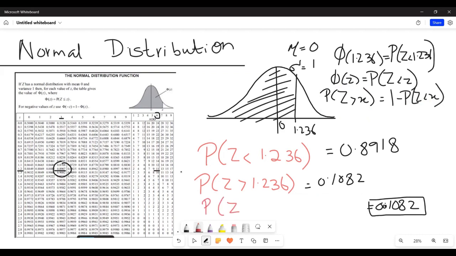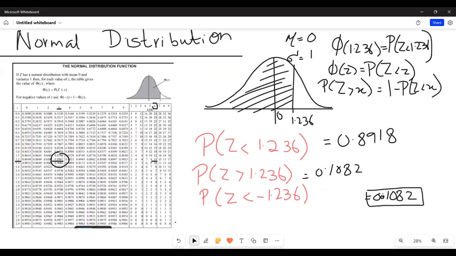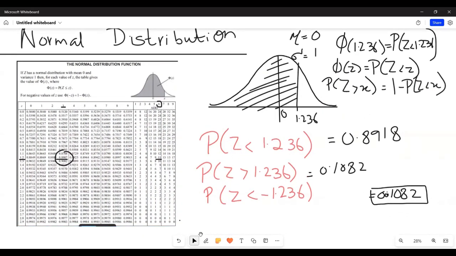Next is probability Z is, let's say, less than negative 1.236. All right, if you look at the table, you do not see negative values anywhere over here. This is Z, the first column. We don't have any negative value over here.